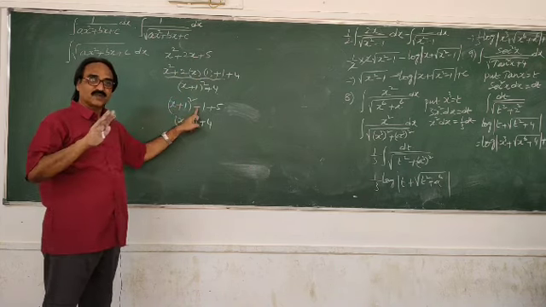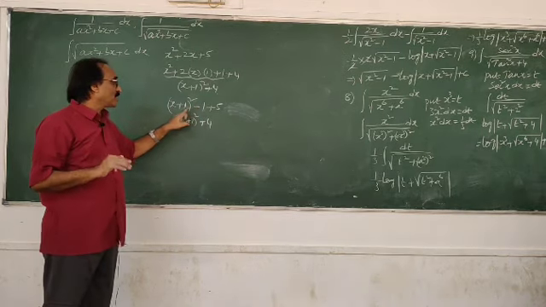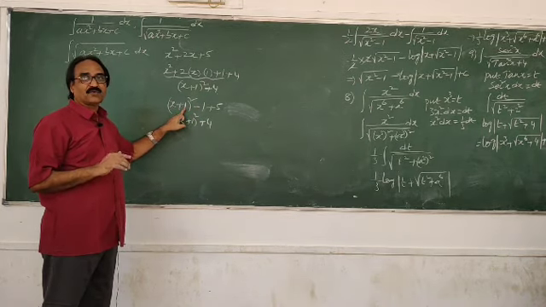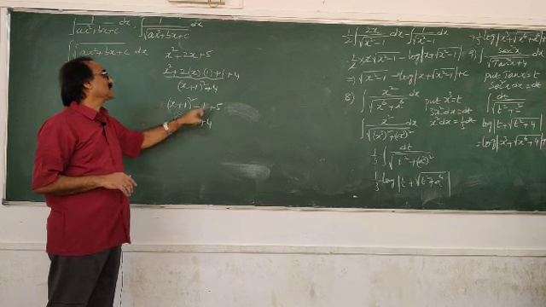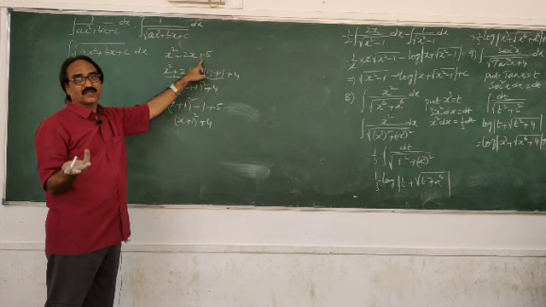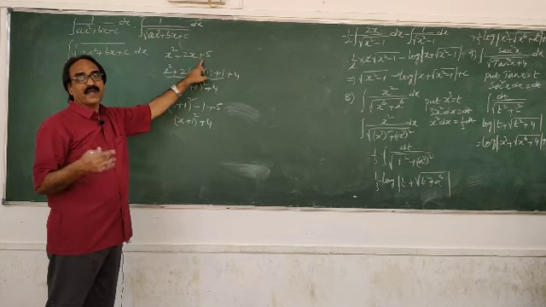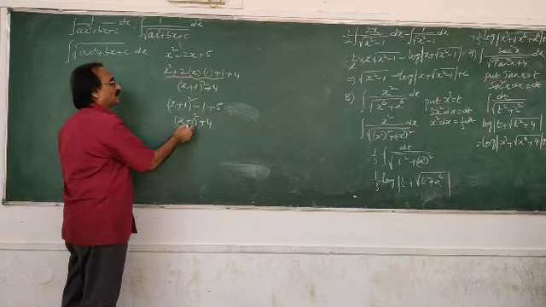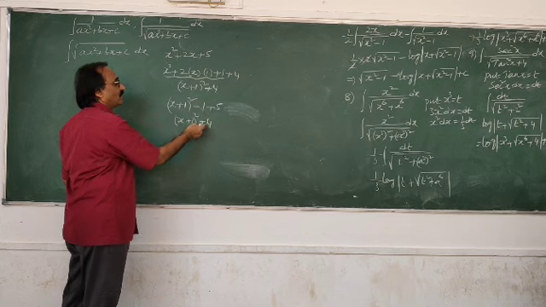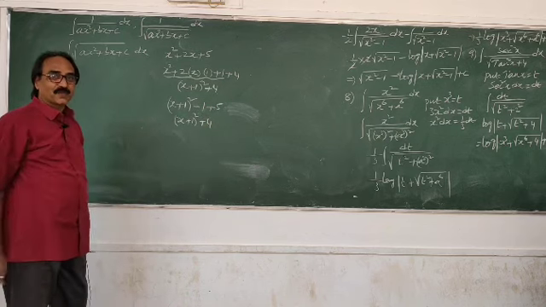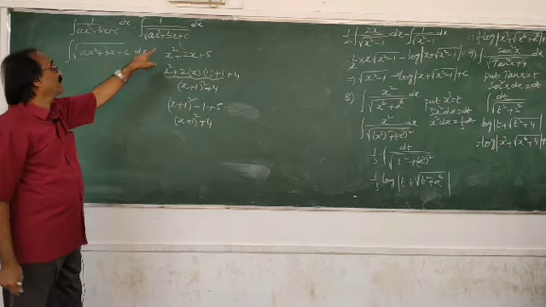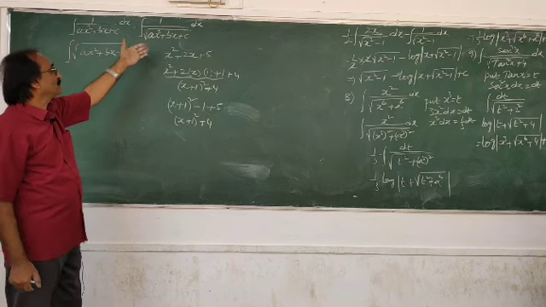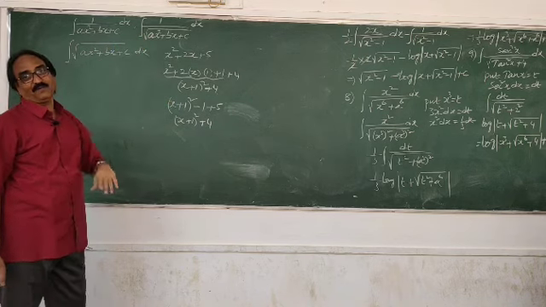Then minus, that will always be minus only, the square of the number. What is the number here? 1, and 1 square means 1. Plus the given constant: if it is plus 5, you write plus 5, and if it is minus 5, you write minus 5. That's all. Now simplify: x plus 1 whole square, 5 minus 1 is 4. That is the perfect square. So for all problems in these formats, first of all you have to put the quadratic into this form.